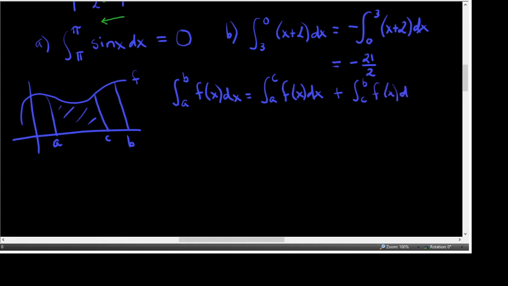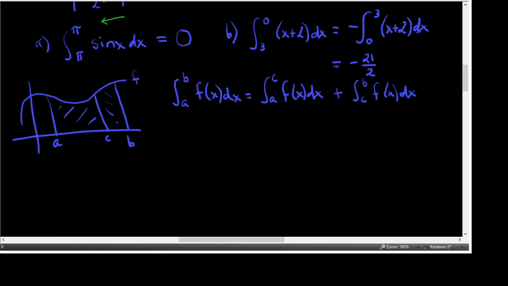Doesn't that make sense geometrically? So that first area that's already shaded plus this area shaded the other way, those two areas would add together to be the total area.